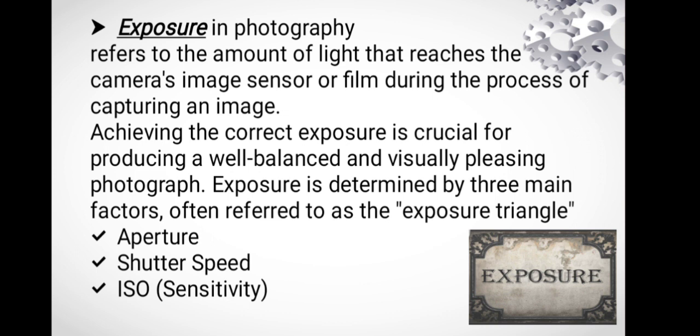Then, increasing ISO: higher ISO settings make the sensor more sensitive to light but can introduce noise. Then decreasing ISO: lower ISO settings reduce sensor sensitivity and noise, but might require longer exposure. So, i-discuss na ni nato ganina habang i-discuss nato ang kanang main factors sa exposure.